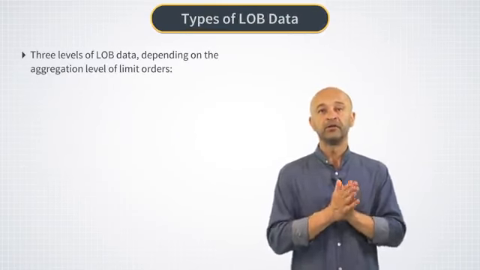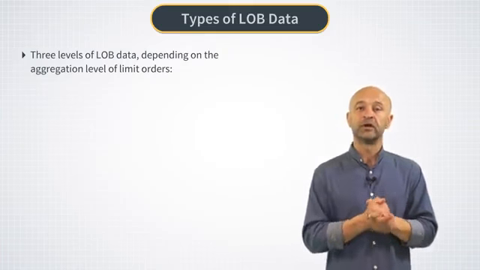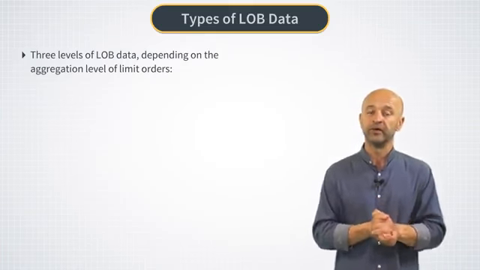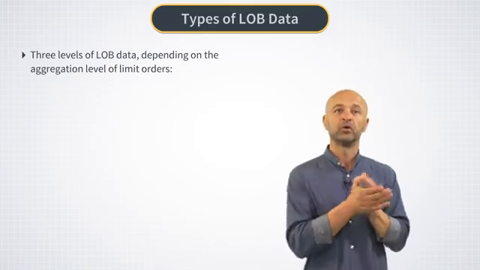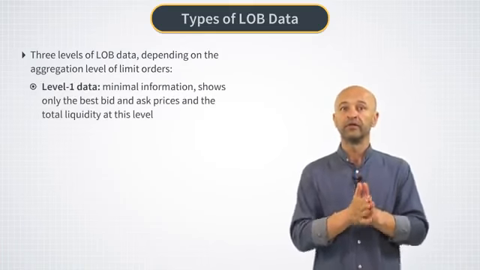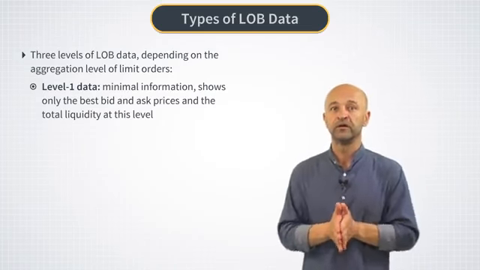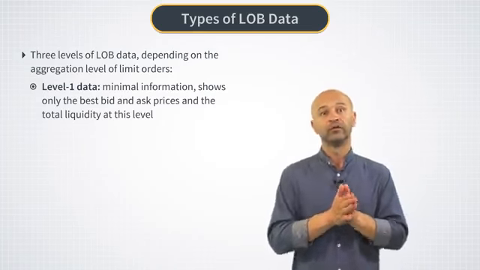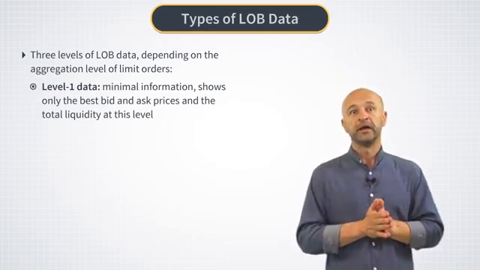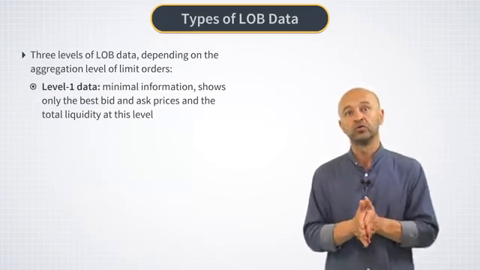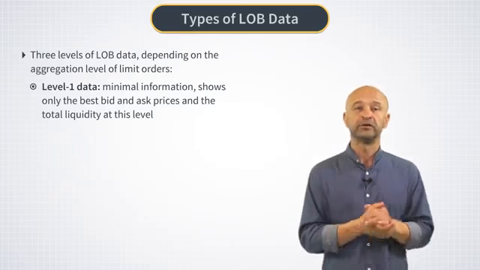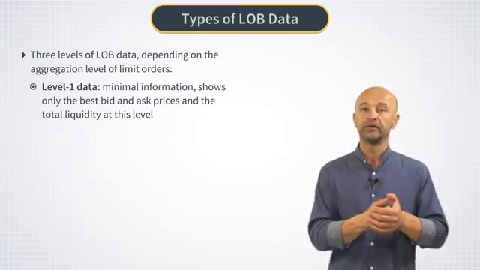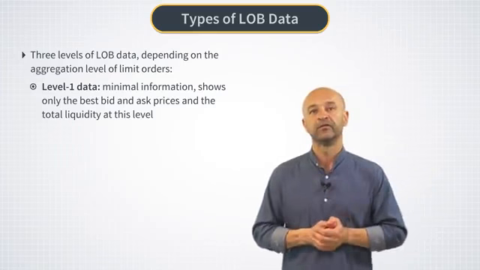So depending on the level of aggregation, there are three levels of the LOB data, which is something that we already mentioned before. So to reiterate, level 1 data, also called the quotes data, shows only the top of the LOB on both sides. In other words, it only shows the best bid and ask prices and the total liquidity, that is the number of trades available at this level.